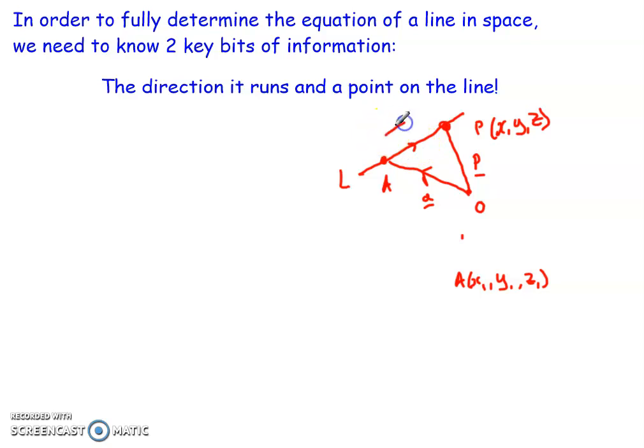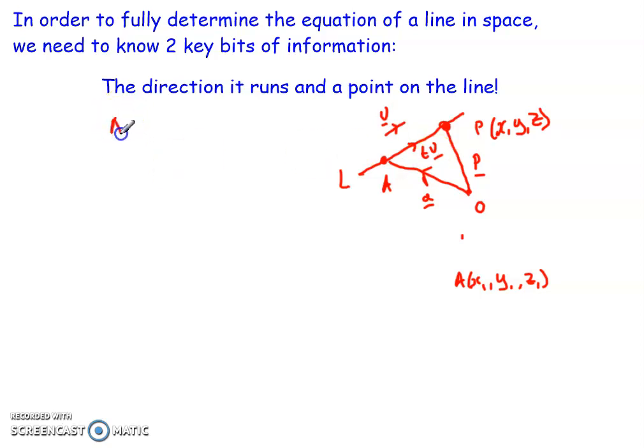I'm going to define a direction vector u which points in the same direction as that vector. What that then means is the distance from A to P is some multiple of that vector. So it's t times u. So it's going in the same direction, it's just a different magnitude to that direction vector u that we've defined.